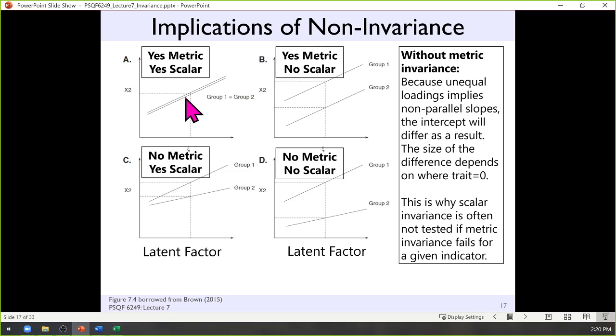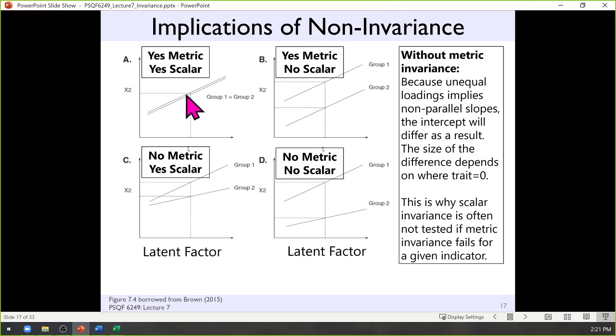The loading is the change in the item response for a 1-unit change in the latent factor predictor. Because the latent factor is typically identified with the mean at 0, that's why the anchor lines going down to the x-axis are shown in the middle. Picture 0 in the middle, and then plus or minus 2 standard deviations like we typically do.